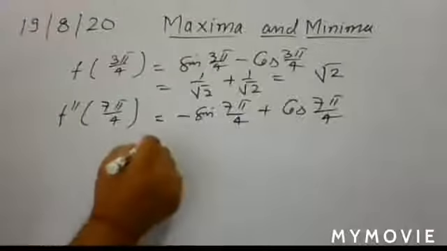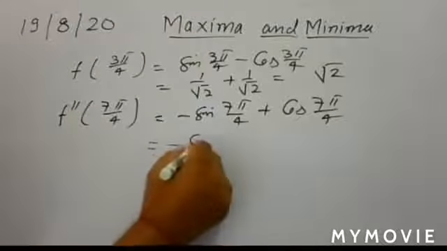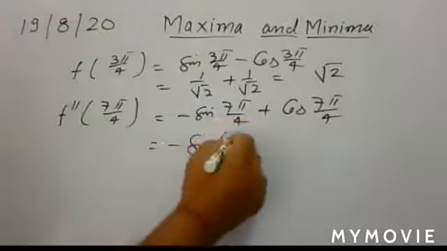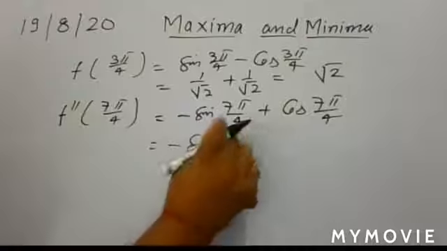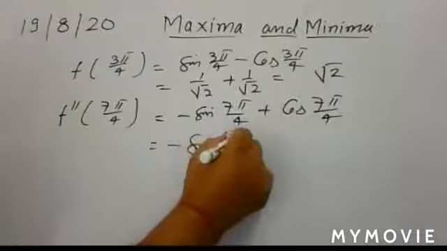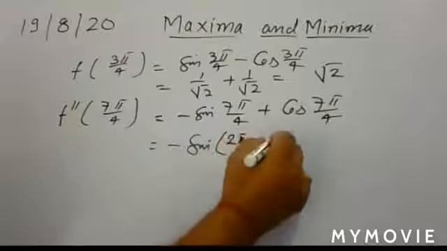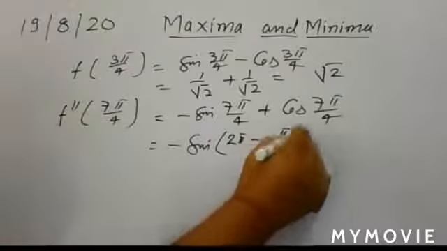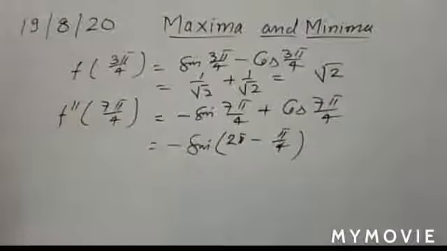Minus sine 7 pi by 4 can be written as 2 pi minus pi by 4, plus cos of 2 pi minus pi by 4.